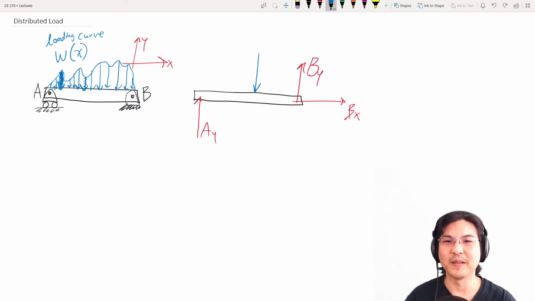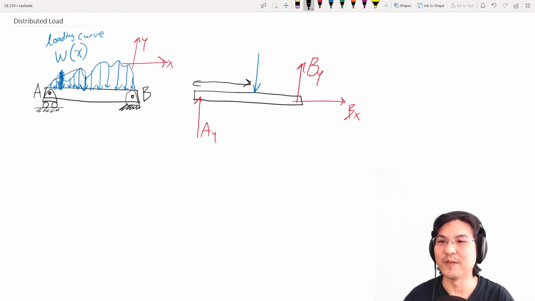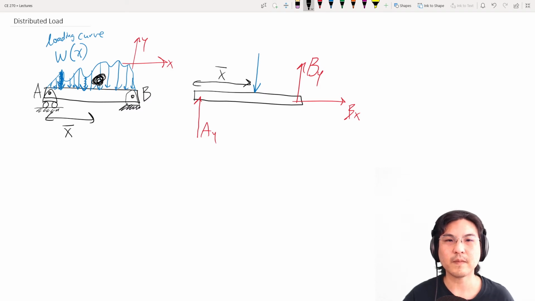And then the position of this one force is at the centroid of this shape. So if the centroid is at some location here, then the force acts there. Okay, that's a short explanation. Let's try an example.